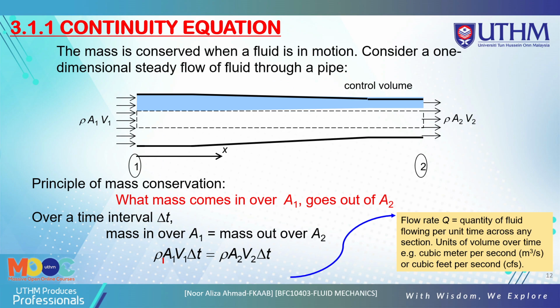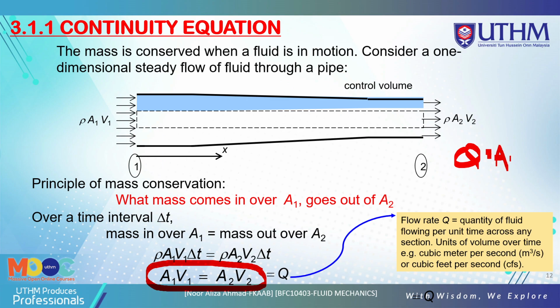So using the density of fluid times the area A1 times V1 times delta t is equal to density times A2 times V2 times delta t, mass in over the interval of time. So using the continuity equation, A1 V1 is equal to A2 V2 is equal to Q. So we know that Q is equal to AV.